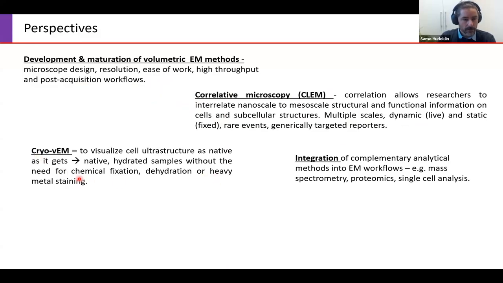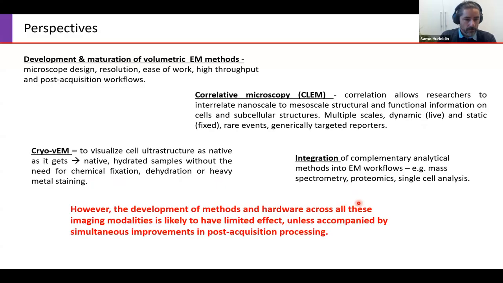Cryo EM is also something to be considered, and of course putting all this together. But for sure, if we don't improve automatic segmentation and post-acquisition processing, all those things will not be fully utilized.